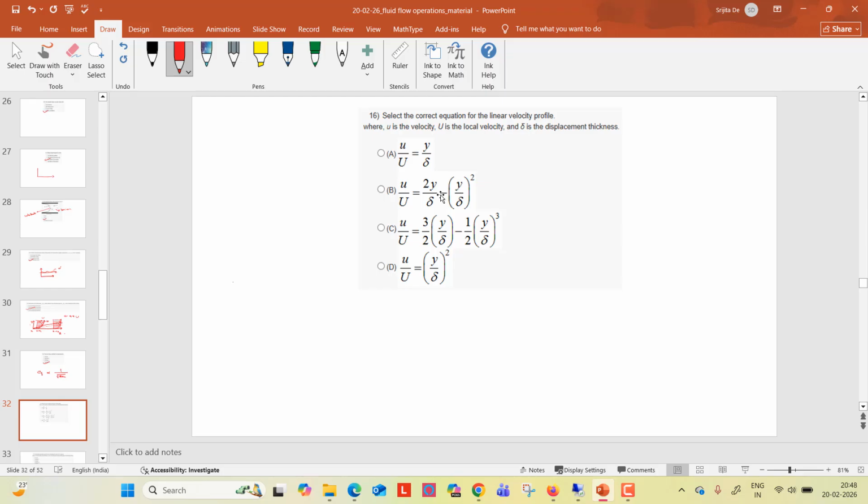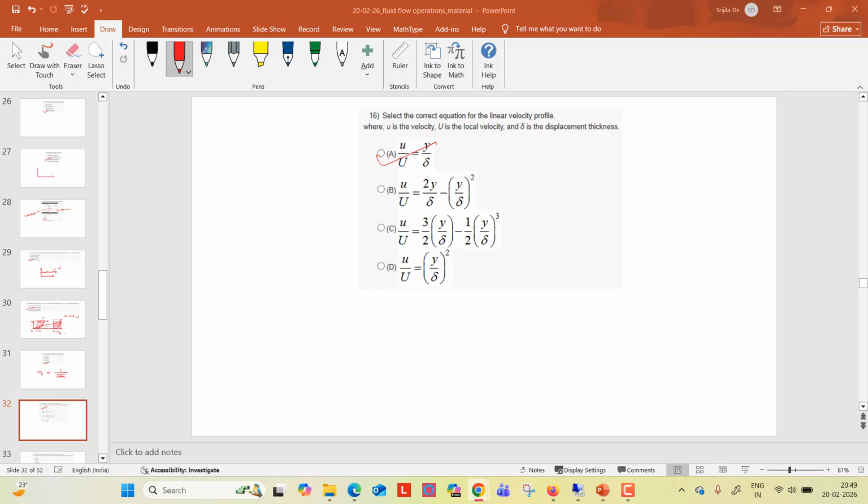For a linear velocity profile, obviously u by U will be y by delta, right? Because the other cases give parabolic kinds of equations, right?